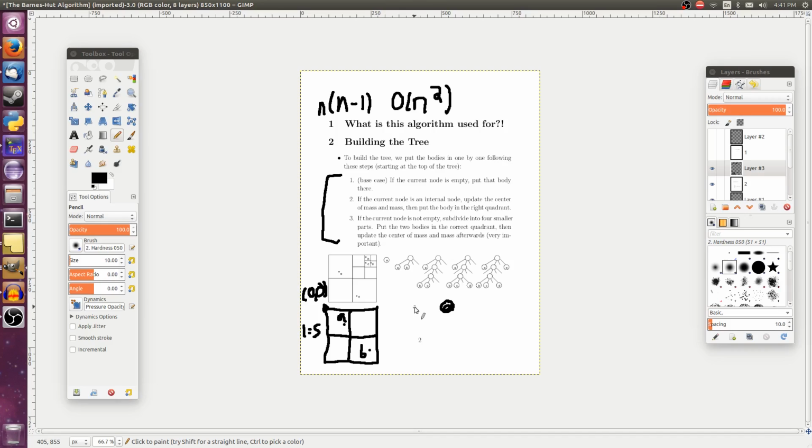But otherwise, if it wasn't empty, like our example right here, I told you we had to divide. Here's how exactly we're going to accomplish that. So if we initially had our body A in this node right here, and we want to put the body B in this quad tree, well, I told you we couldn't put 2 bodies in the same node, so we're going to have to subdivide into 4 smaller ones.